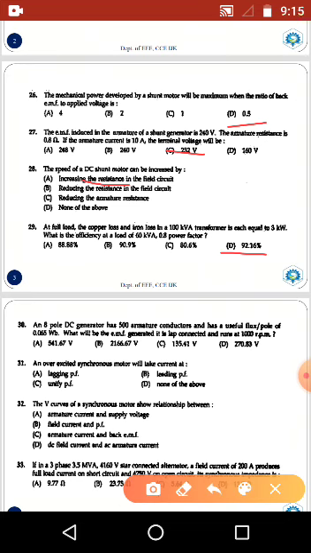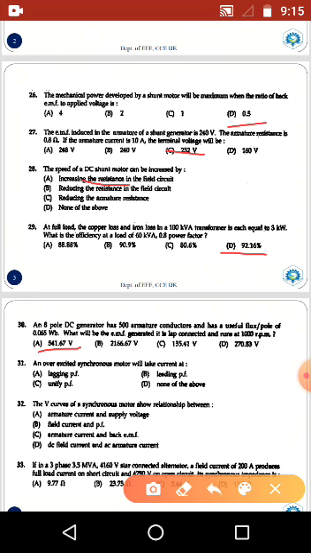In lap winding, number of parallel path equal to number of poles, or EMF equation will be phi Z N by 60. Substituting the values, we get the EMF value to be equal to 541.67 volt. So, the answer is option A.